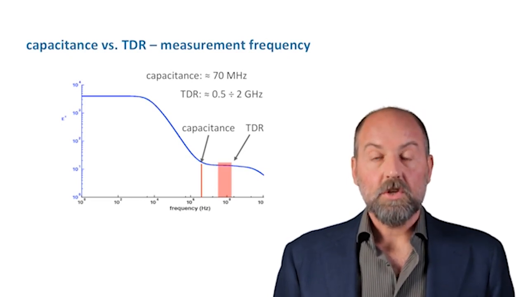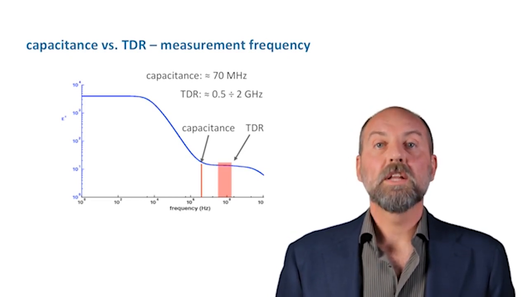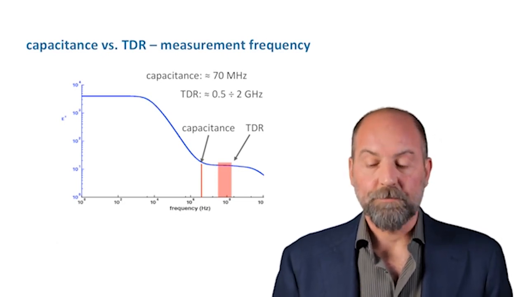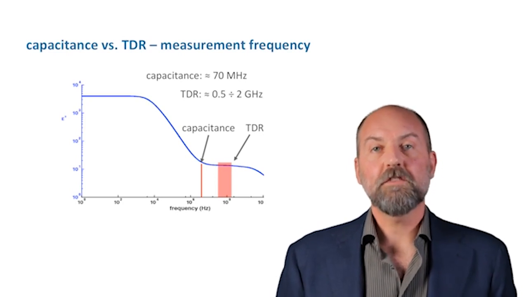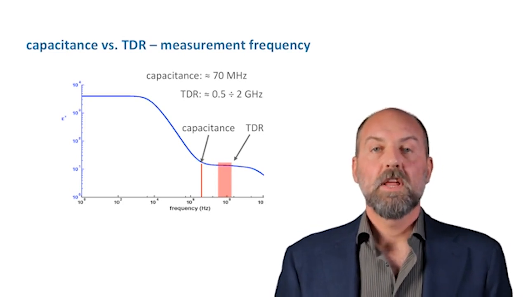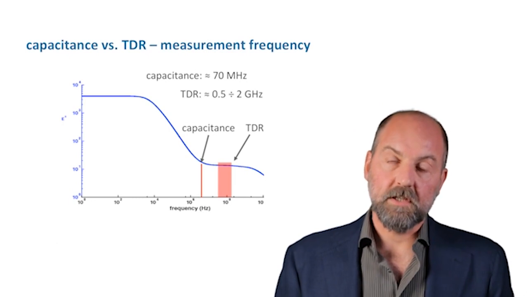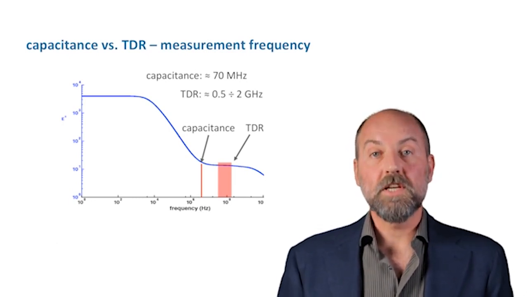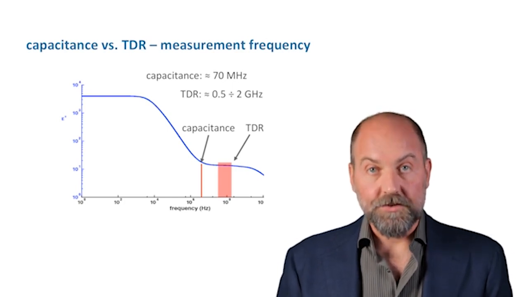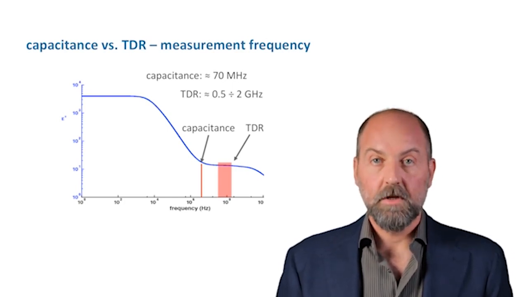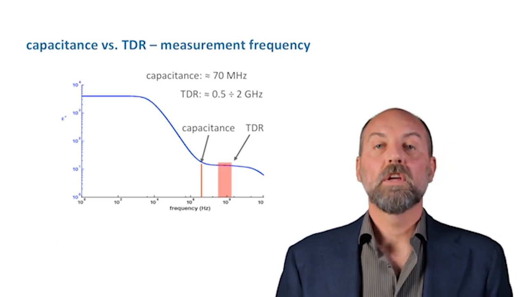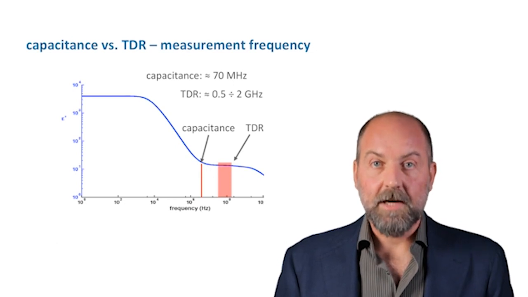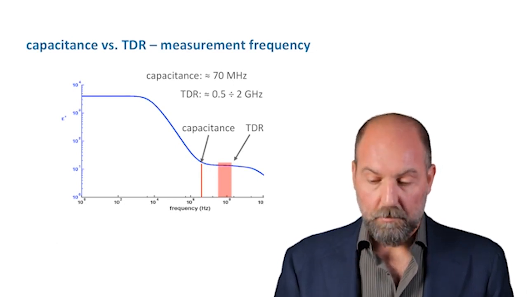Unlike capacitance technologies, TDR does not operate at a very specific frequency. This is because the effective frequency of a TDR system depends not only on the input signal that is applied to our system, but also on the electric and dielectric properties of the sample, and also on the hardware. In particular, it is strongly affected by the length of the TDR probe.